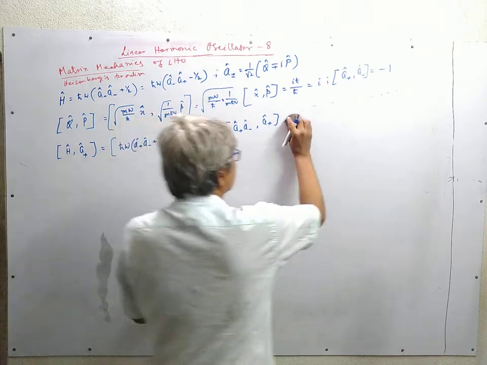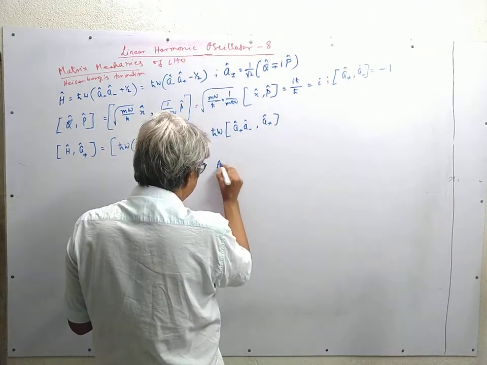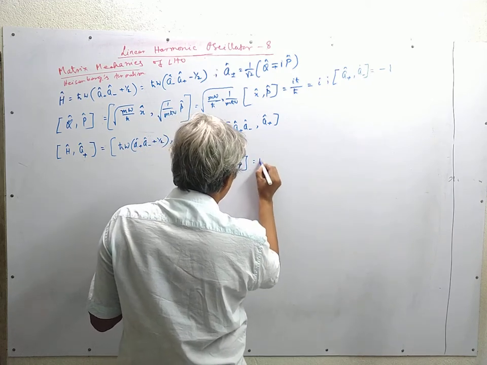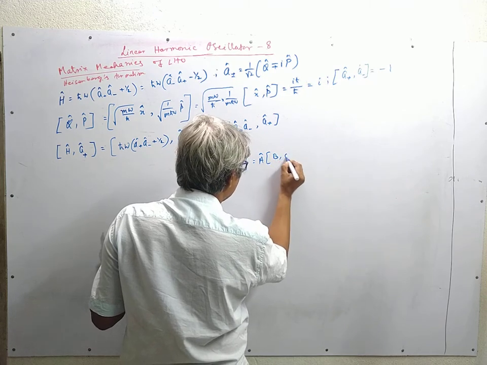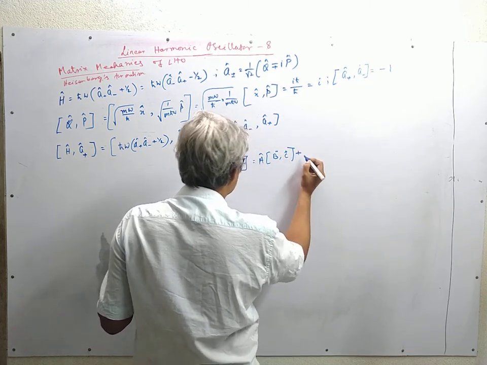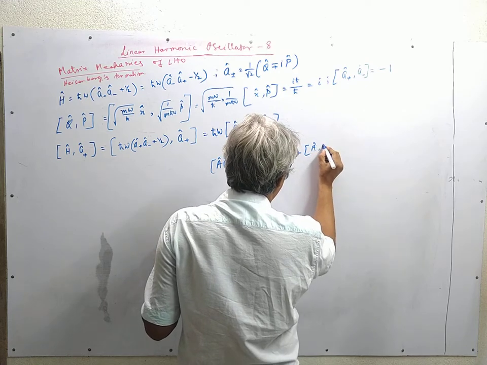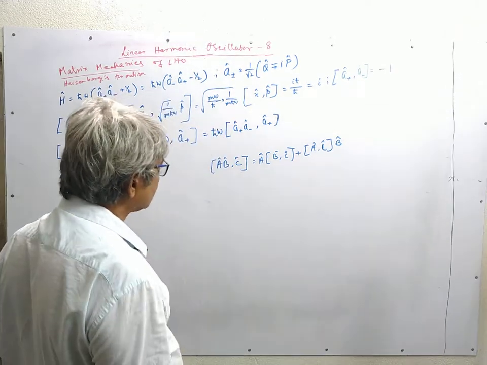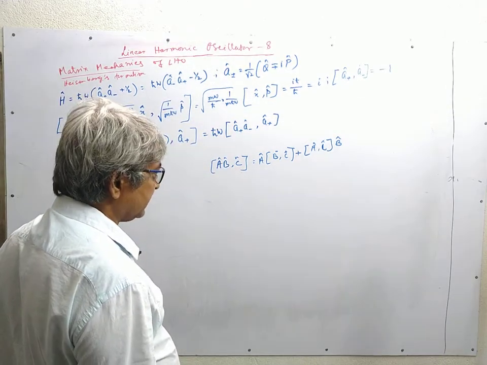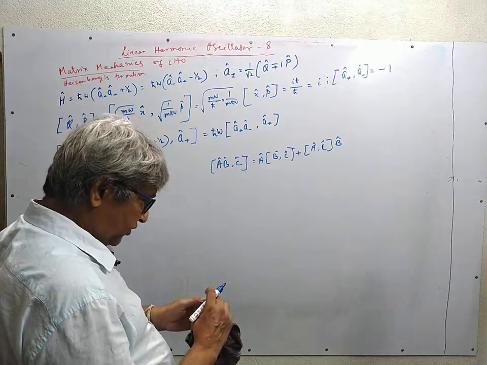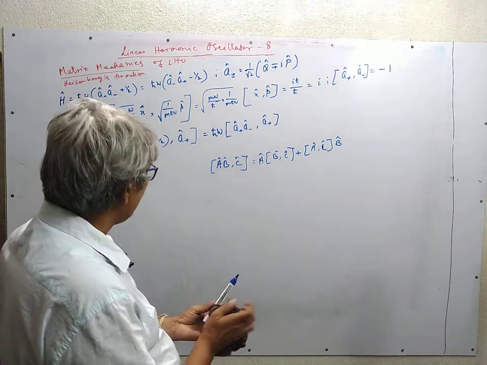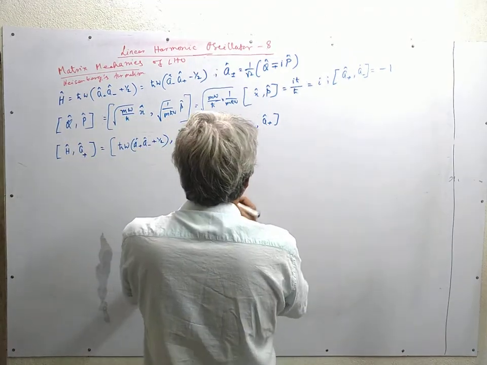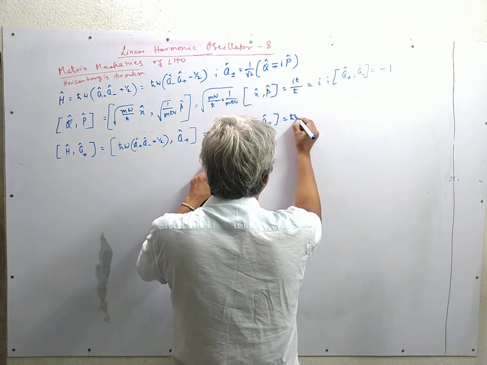We know from the relation that AB commuting with C is A (B,C) commutator plus (A,C) commutator B. We have already worked out lots of such commutator relations under the heading of quantum theory, Commutator Algebra 1 and 2. So keeping this in mind, this is H cross omega common.